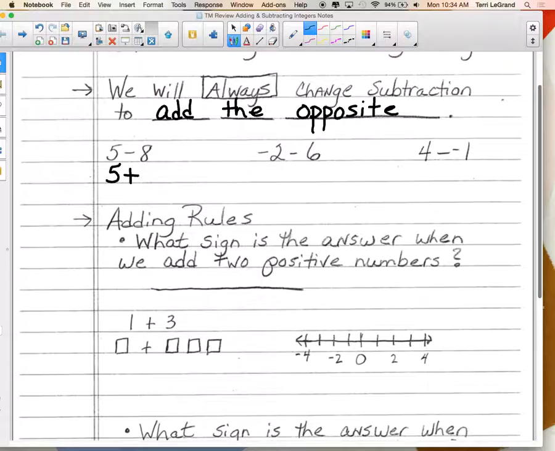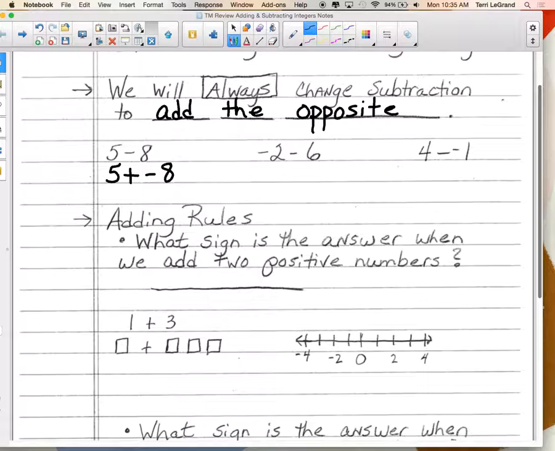Now we say, what is the opposite of 8? Negative 8. Okay, that's all we're going to do. We're just practicing changing subtraction to add the opposite. Right now, I could care less what the answer is for that. But just in case anybody knows, you want to show off? Caden? Negative 3, you're right.